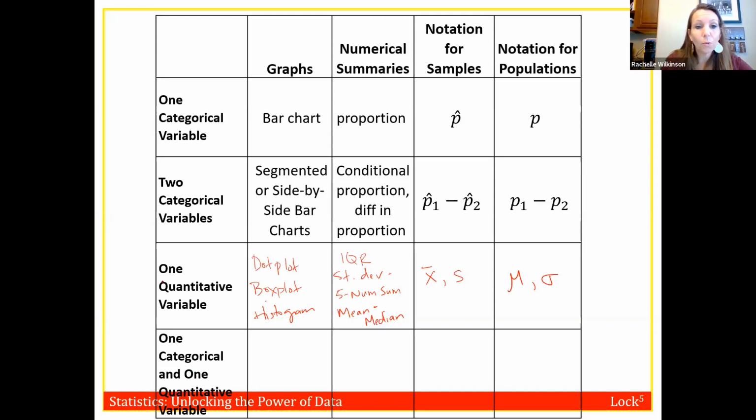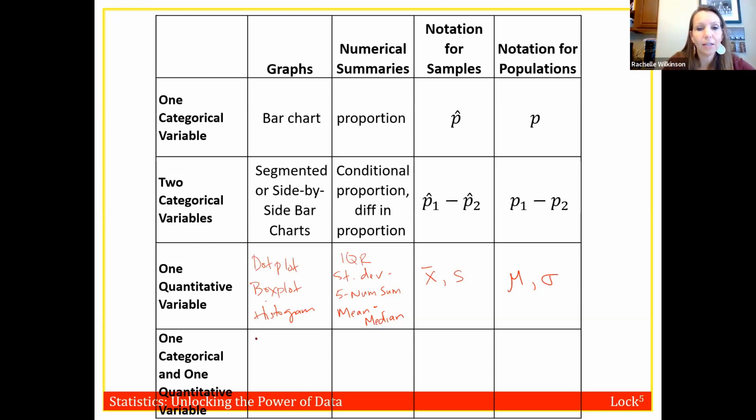So for one quantitative variable, we look at dot plots, box plots, and histograms. When we have one categorical and one quantitative, we're going to look at stacked dot plots or stacked histograms, or side by side. StatKey does everything stacked on top of each other, but some other software programs put them side by side.